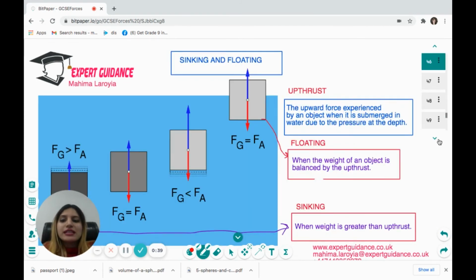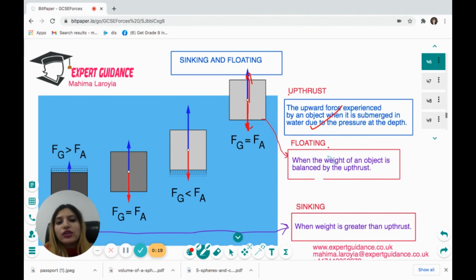Now, what is the relationship? What are the forces that act when a body sinks and floats? So when something is sinking, there is a weight acting downwards and the upthrust acting upwards. Upthrust is the upward force experienced by an object when it is submerged in water, due to the pressure at depth.